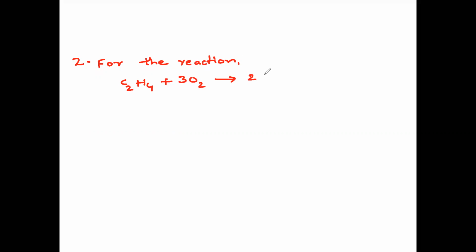Any organic compound, when it burns in air or oxygen, forms carbon dioxide and water. So straight away we can write 2H2O. This is liquid, this is gas, this is also gas, and carbon dioxide is anyway a gas.